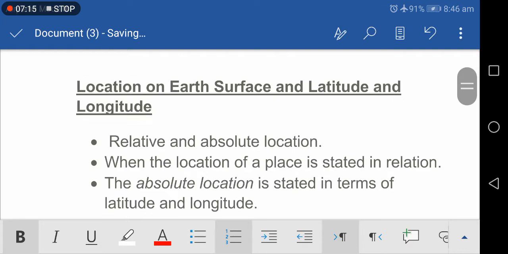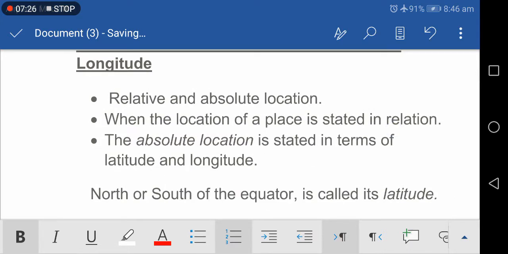The next one is location on Earth's surface, and latitude and longitude. Location of a place can be stated as relative and absolute location. When the location of a place is stated in relation to some known point, it is called relative location.